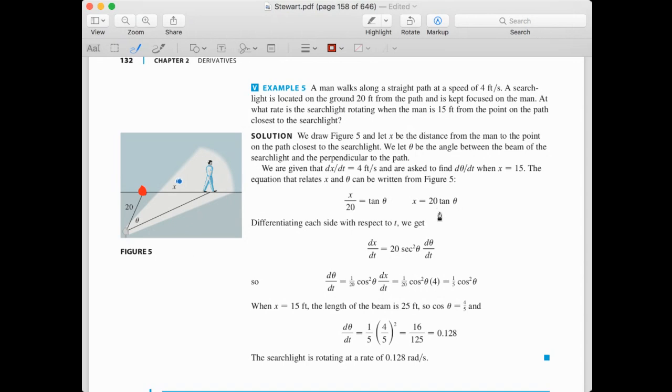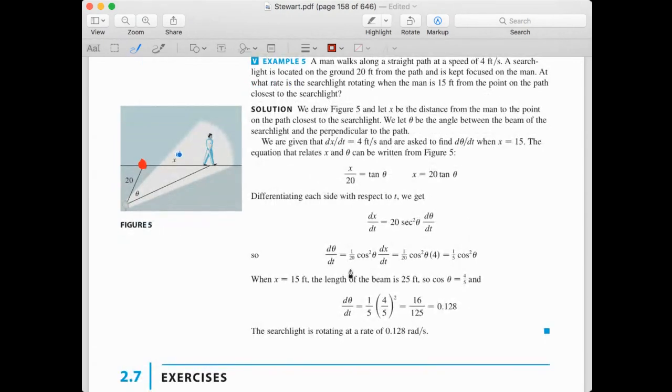Then we take the derivative, right? x prime or dx/dt equals 20 times the derivative of tangent theta. The derivative of tangent is secant squared. Then we'll attach theta prime or d theta/dt. We're trying to solve for d theta/dt. So d theta/dt equals 1 over 20 times 1 over secant squared, which is cosine squared theta, times dx/dt.